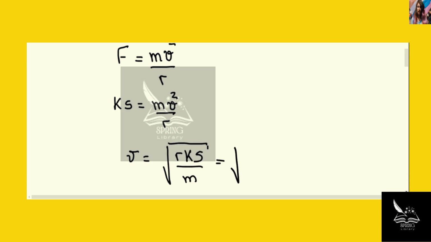R is the radius, which is 0.1 meters. K is 200 newtons per meter.